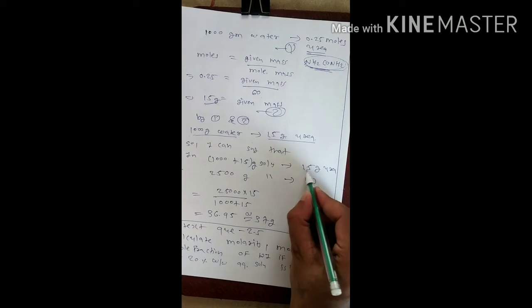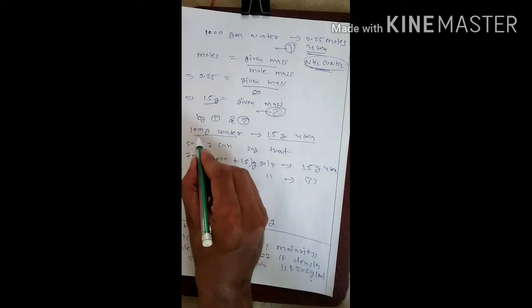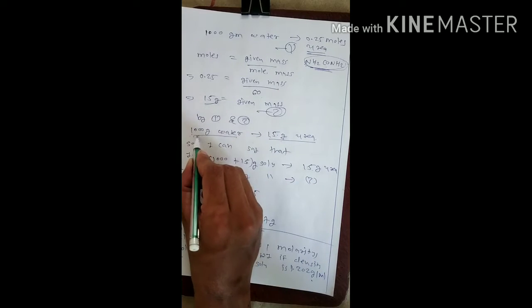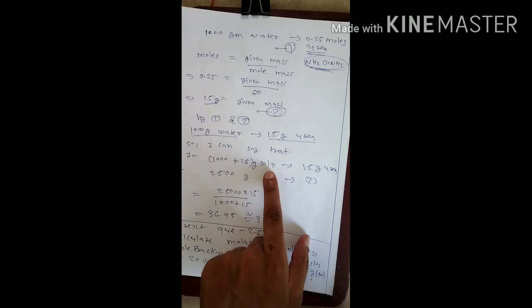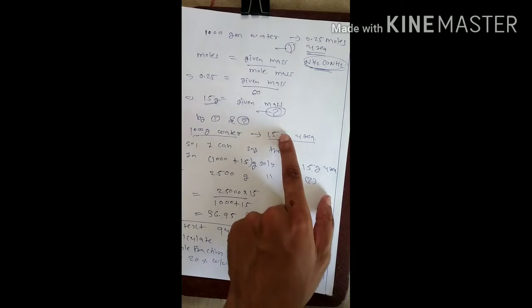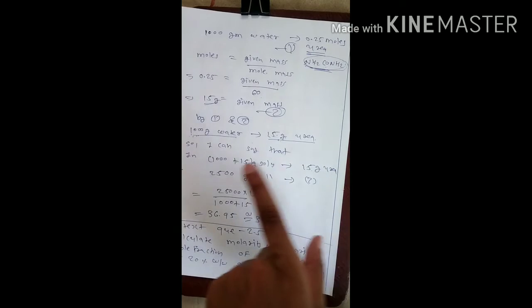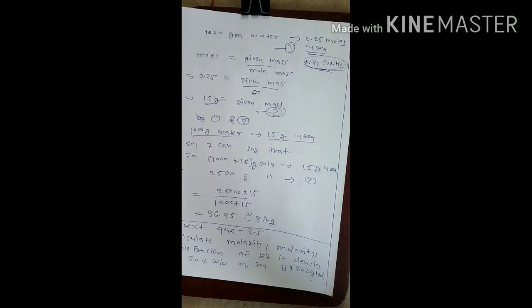In that 15 grams of urea is there. We take the total of both, 1000 grams plus 15 grams, which is 1015 grams. In this much solution there is 15 grams of urea.